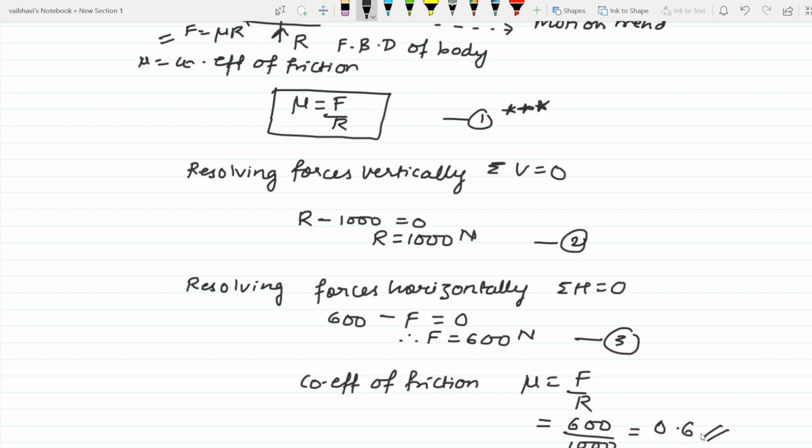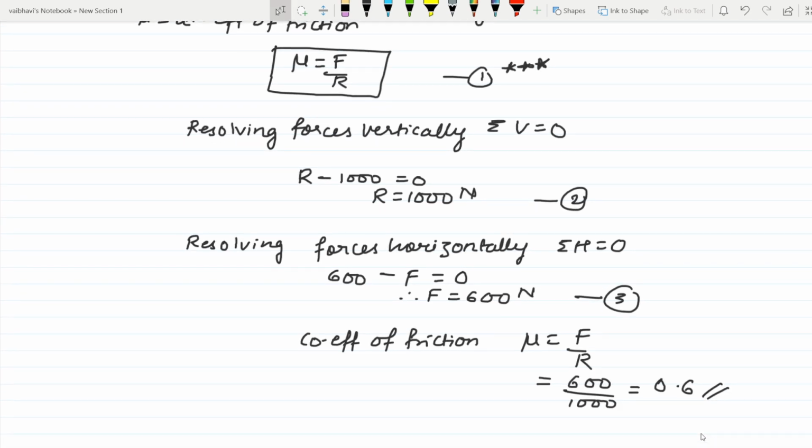This is a very simple problem to begin. They can ask you to find the coefficient of friction like this.